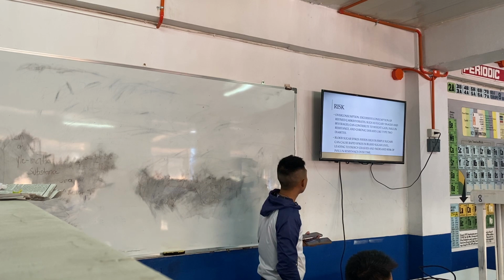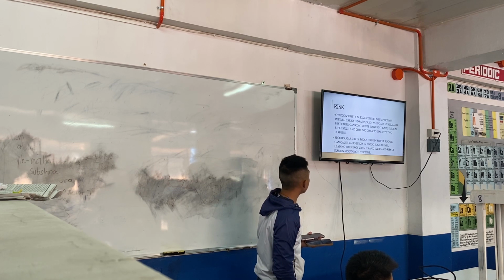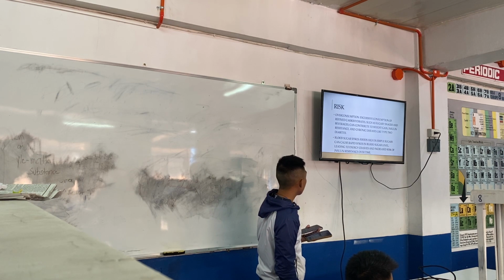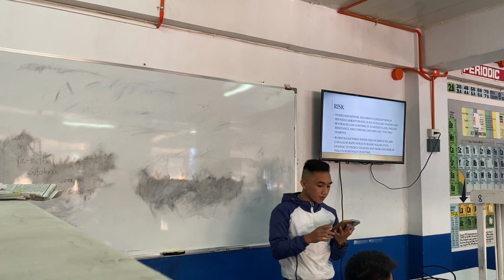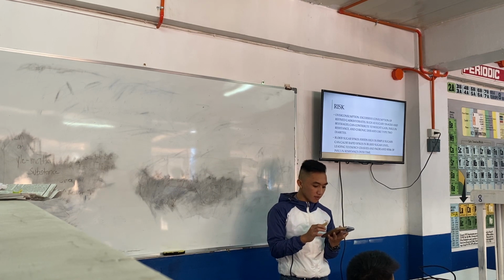Overconsumption. Excessive consumption of refined carbohydrates such as sugary snacks and beverages can contribute to weight gain, insulin resistance, and chronic diseases like diabetes. Now, the risks of having a lack of carbohydrates. Low energy levels.